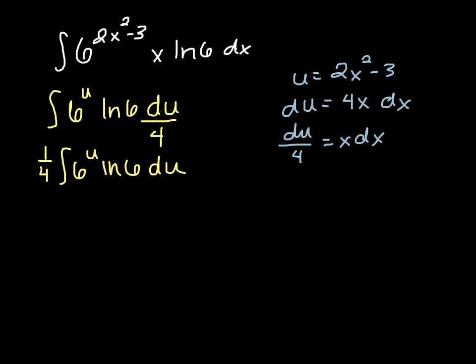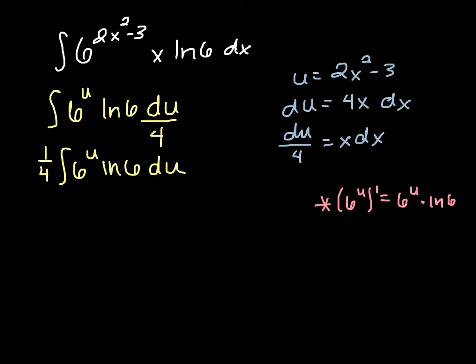We have 6 to the u times natural log of 6. Well, thinking way back from the past, you know that if we took the derivative of an exponential, it would take this form. So the derivative of 6 to the u is equal to 6 to the u times the natural log of 6. Our base raised to an exponent, the derivative is the base to the exponent times the natural log of that base.